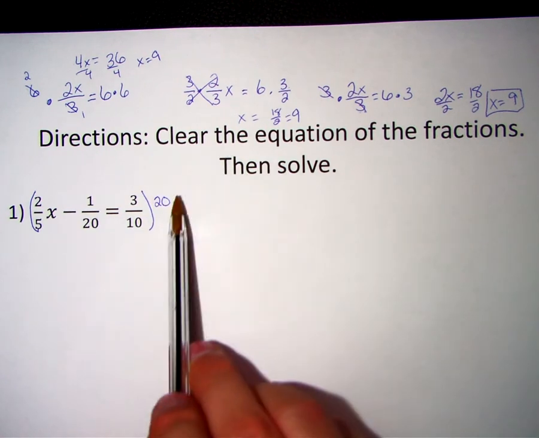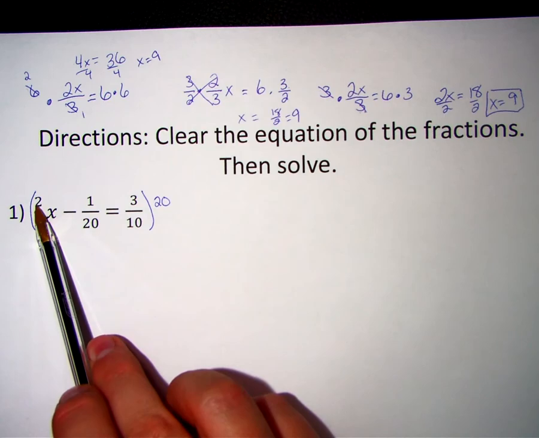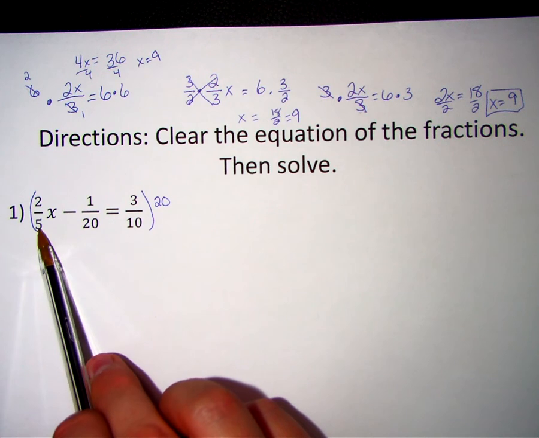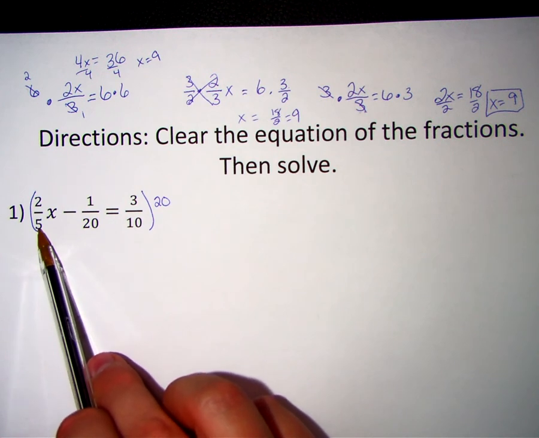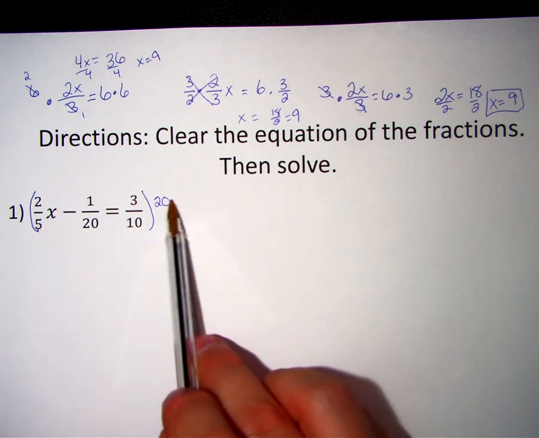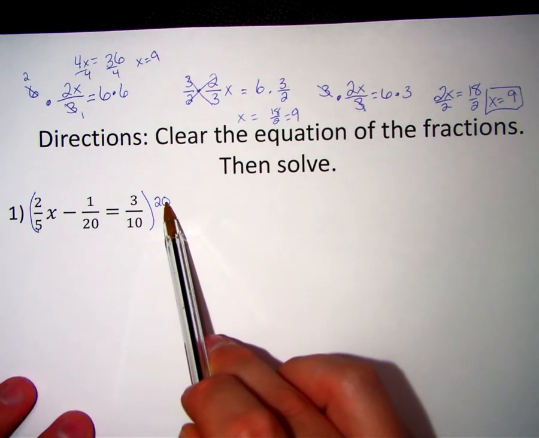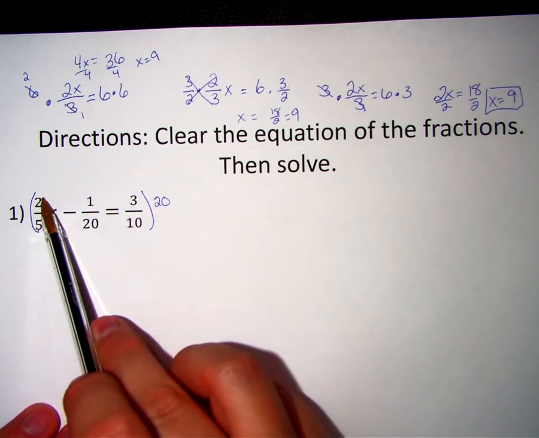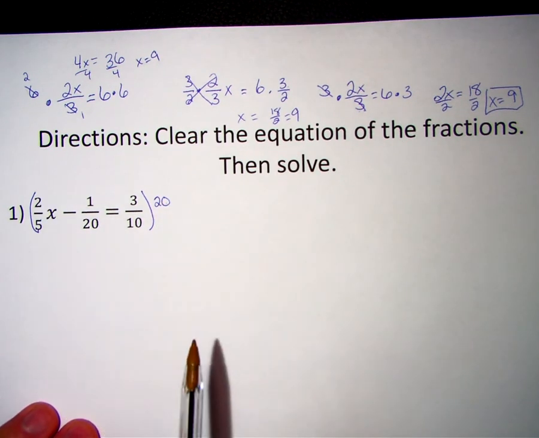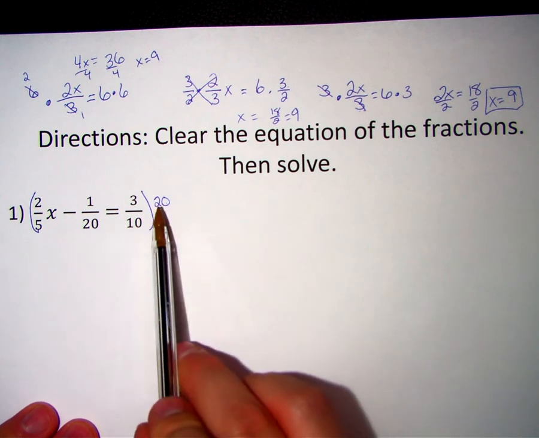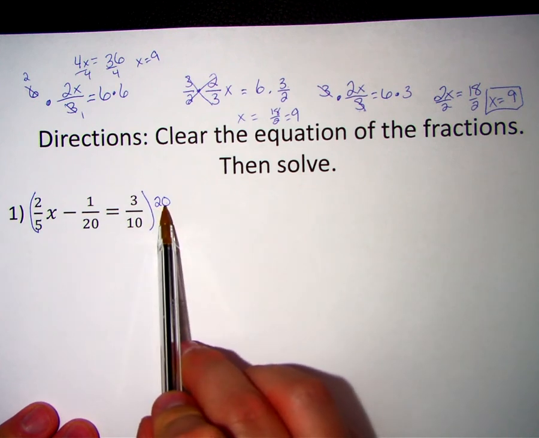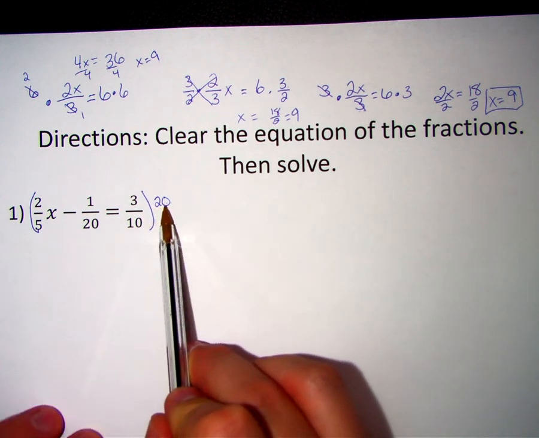Now, you are certainly welcome to multiply 20 times 2, which is 40, divide by 5, and get 8. However, the process of cross-simplification would tell us that 5 goes into 5 one time, 5 goes into 20 4 times. 4 times 2 is 8. And we'll get the same solution.